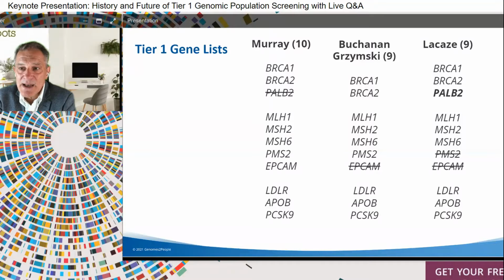And when Paul Lacaze in Australia is doing a big nationwide study now of screening, he included PALB2, but didn't include PMS2 or EpCAM. So the so-called tier 1 is actually 3 different lists. You get to pick your favorite, and different people have different reasons for including various ones.